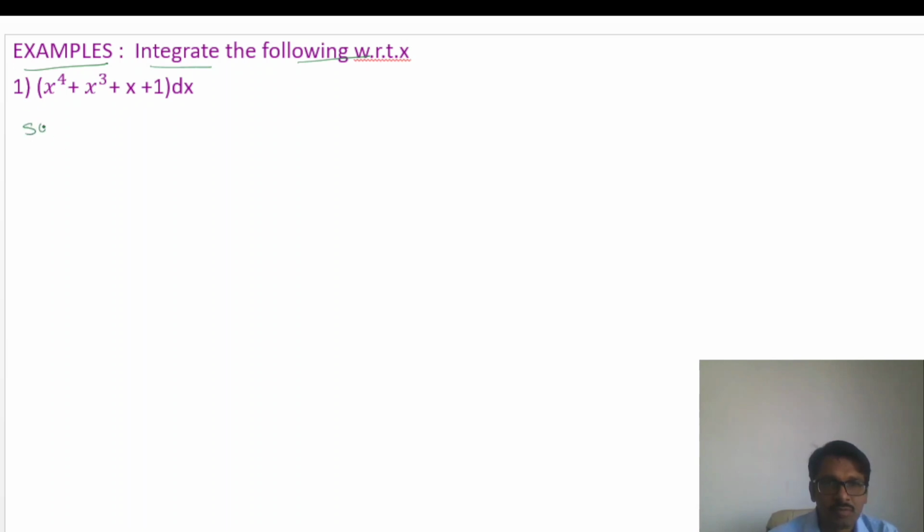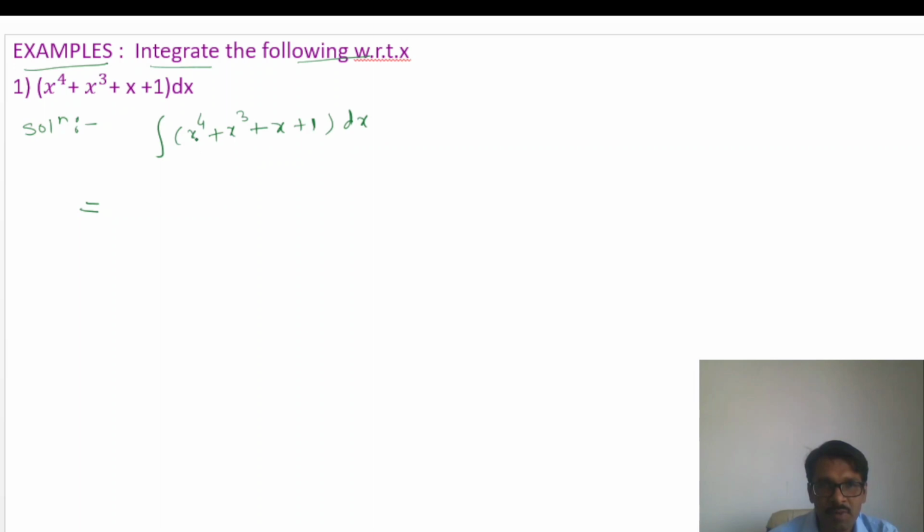Solution: if we try the integration of x raised to 4 plus x cube plus x plus 1 with respect to x, what do we get?